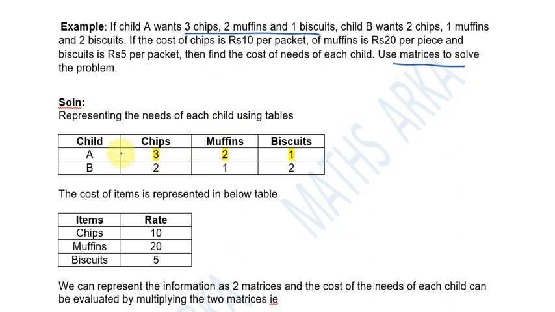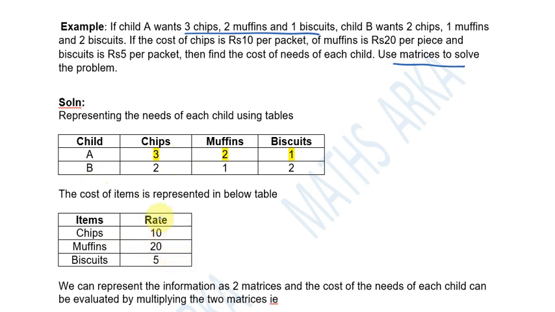So what we can do is, first of all, represent this information in matrix form. Let's say child A and B, and then the things that they want: chips, muffins and biscuits. Number of things for child A is 3, 2, 1. Number of things that child B requires is 2, 1, 2. Next we take another table which provides us the rate.